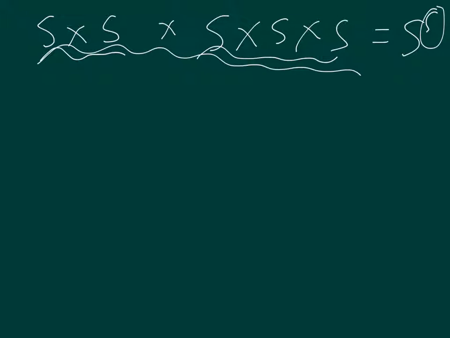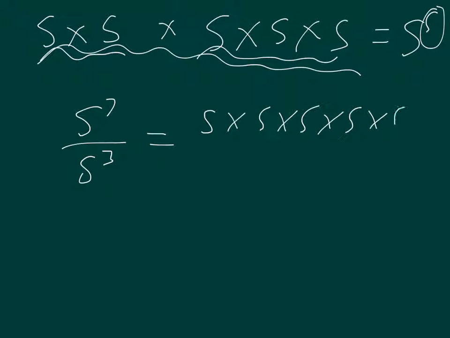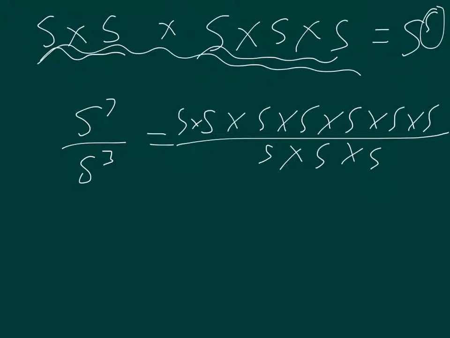What about division? Well, 5 to the power 7 divided by 5 cubed, don't know why I'm using 5 but I will do, is 5 times 5 times 5 times 5 times 5 times 5, how many is that? 6 times 5 divided by 5 times 5 times 5. And then, as with any fractions, we can do some cancelling. Cancel that with that, cancel that with that, and cancel that with that.